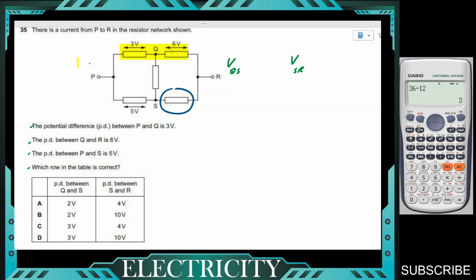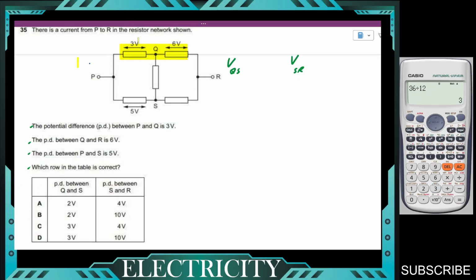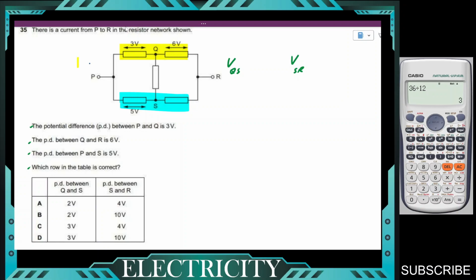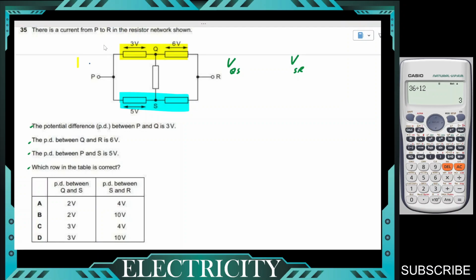But if I consider both of them as a single unit, and at the same time I consider the lower one as a single unit, then I can say that these two units are connected in parallel.